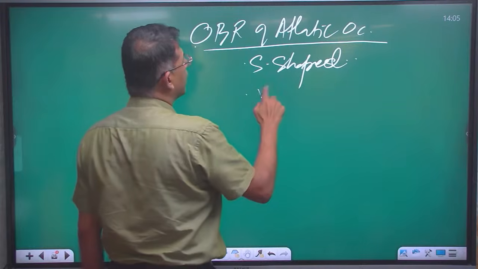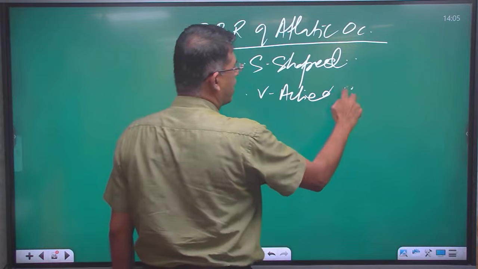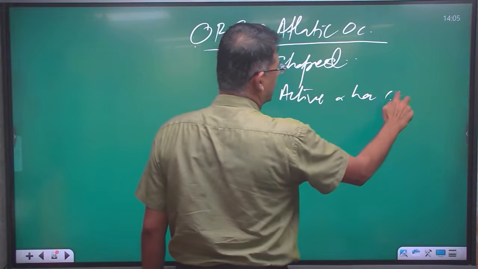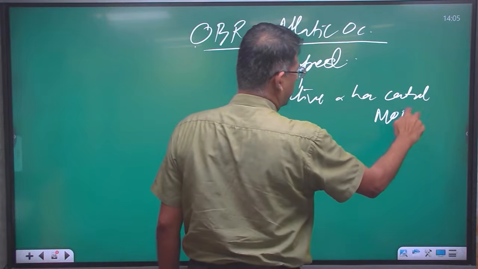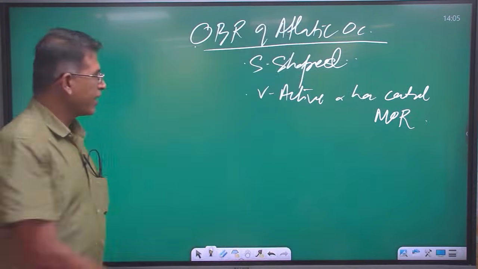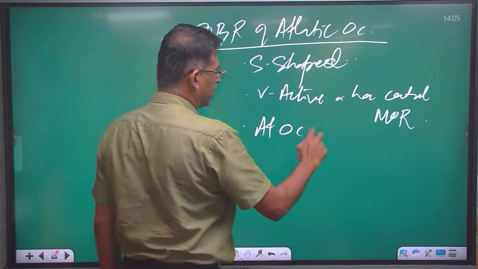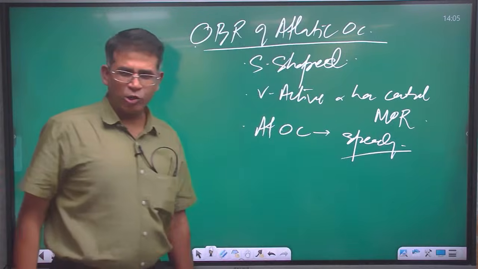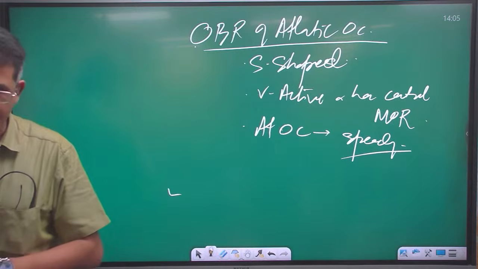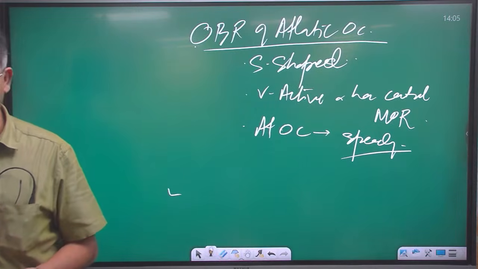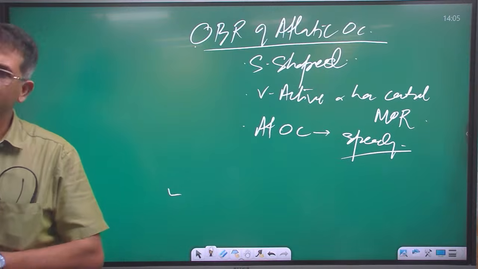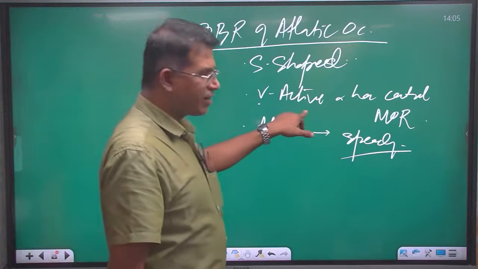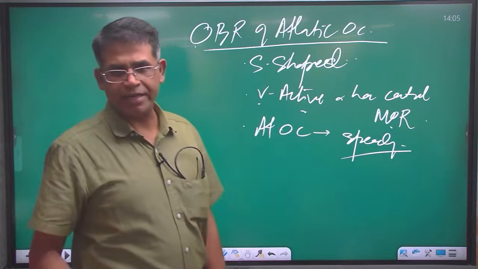It's very active and has a central moor system. The Atlantic Ocean is spreading, unlike the Pacific Ocean which is shrinking. Atlantic Ocean is active with the central moor system, it's opening up. It has the central Atlantic moor system.